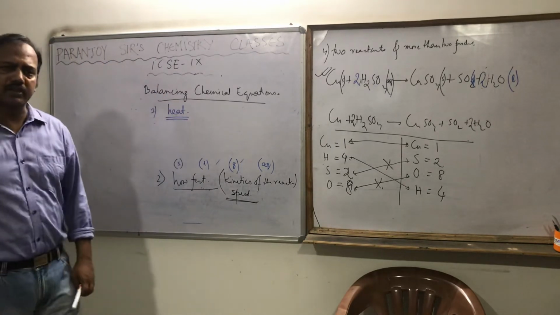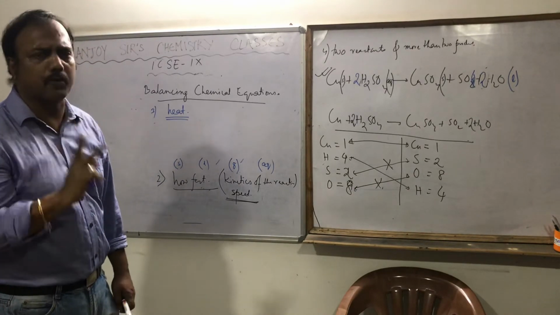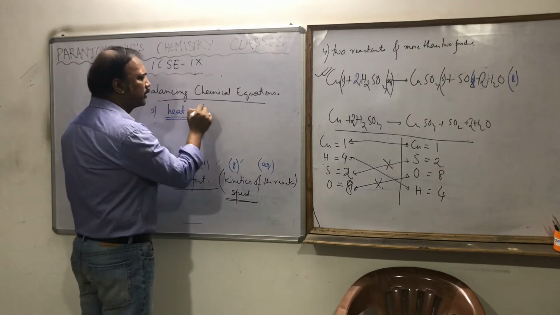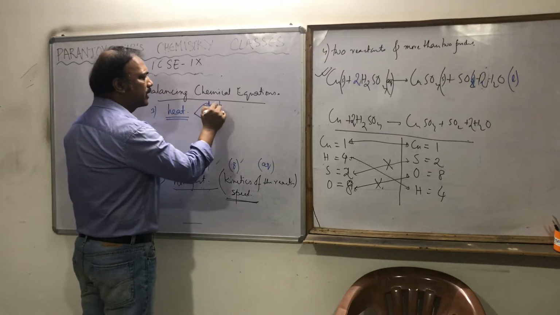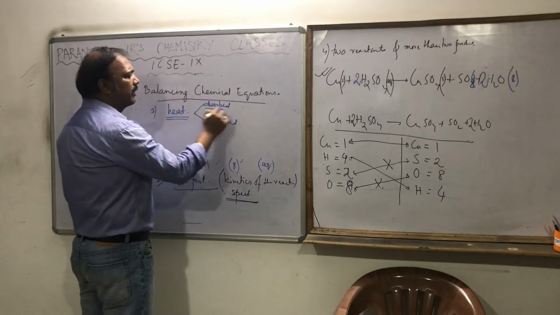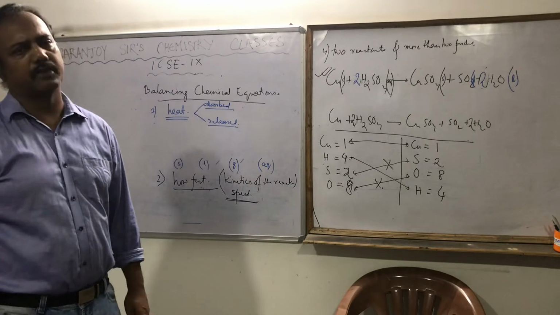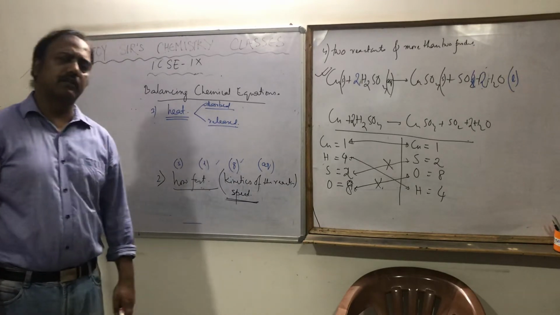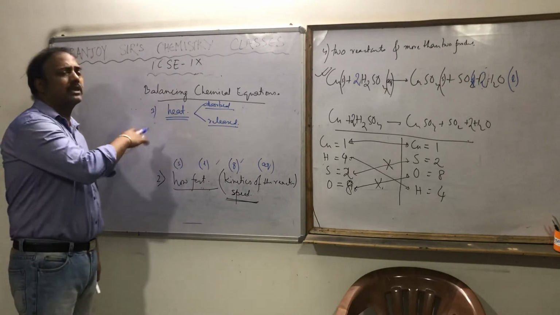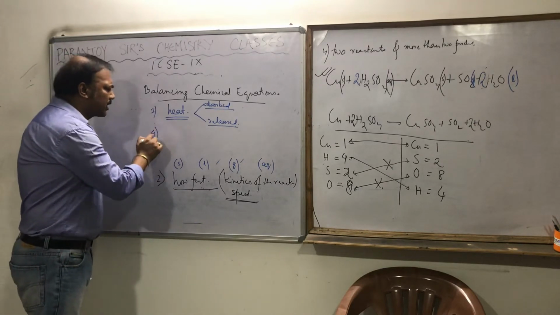During a chemical reaction, there are only two possibilities: either heat will be absorbed during the reaction, or heat will be released during the reaction. Whether the heat is absorbed or released, nothing is told in the chemical equation. So that is another limitation.